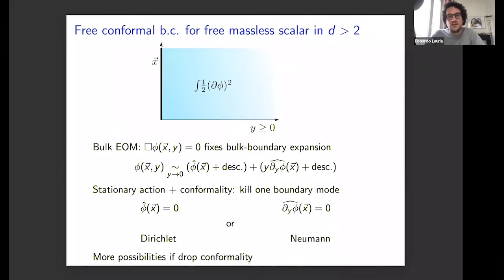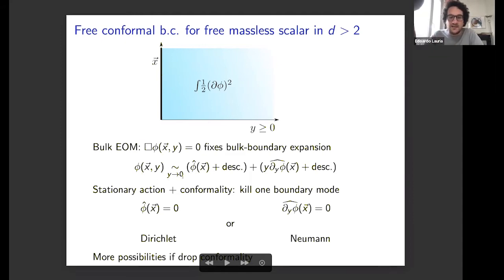And now we have to try to find what the possible conformal boundary conditions for such a theory are. So we have the equations of motion. So what do we do? We solve the equations of motion, and we look for the possible near boundary expansion. So what happens near the boundary?